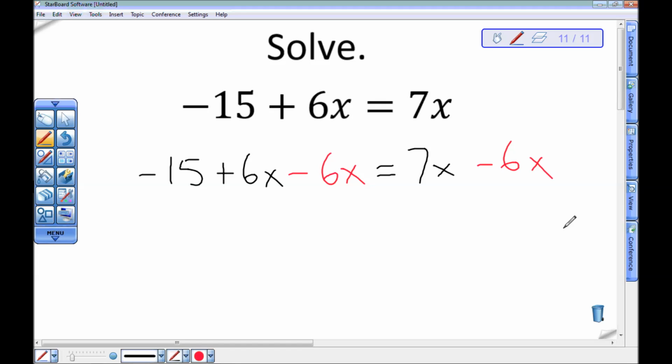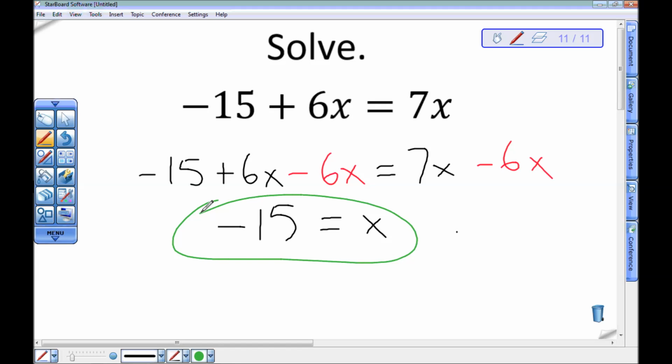Negative 15 plus 6x minus 6x will just leave me with negative 15, because no matter what x was, if I add 6 times it and then subtract 6 times it, I'll be left with whatever I had. And then 7x minus 6x will leave me with 1x, or just x. It would appear that negative 15 is the solution to this equation, and the only solution.